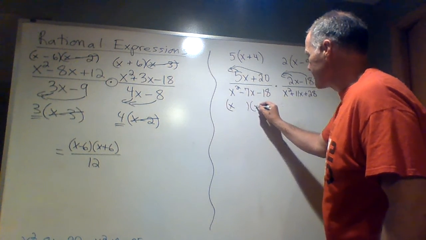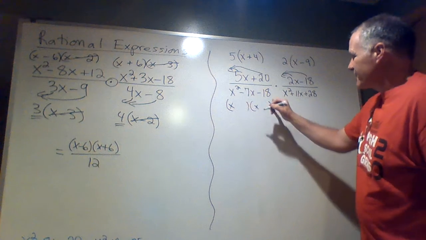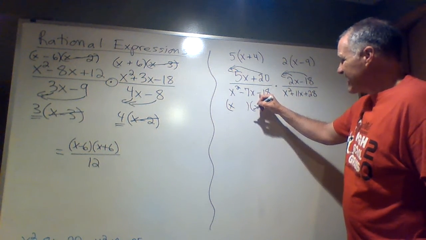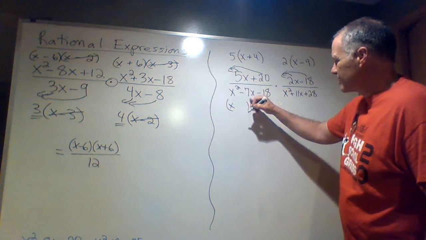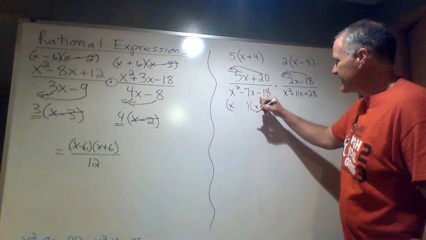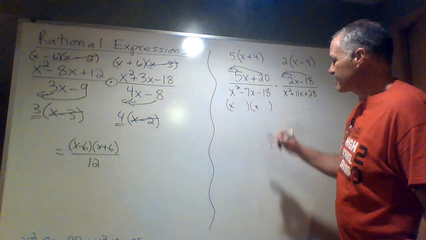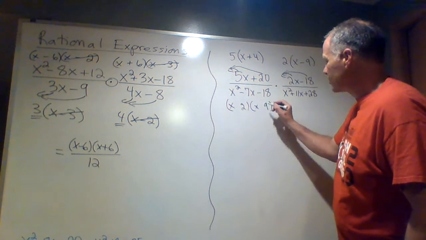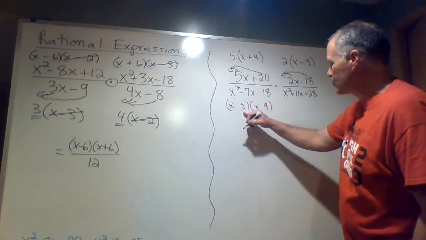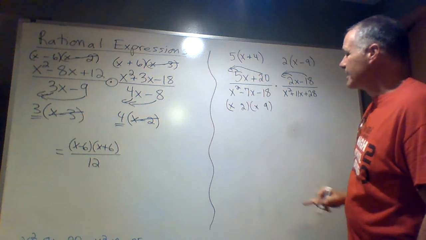2 parentheses. Okay, x and x, factors of 18, that's a negative 18. So the factors of 18 that subtract to make 7. So what multiplies to make 18 that subtracts to make 7? Okay, and that's 2 and 9, right? 2 times 9 is 18. 9 take away 2 makes 7.